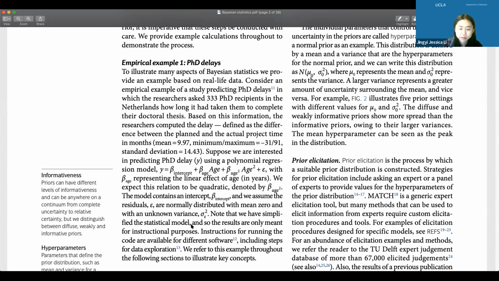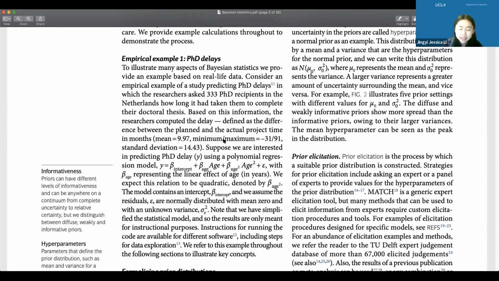We have simplified the statistical model, only meant for instructional purposes. If you have taken a linear regression class, maybe your first answer is to run linear regression and estimate the intercept and these two coefficients, and you're done.